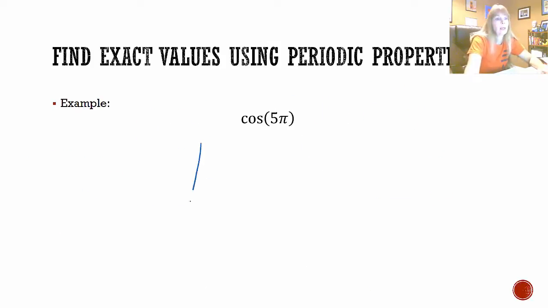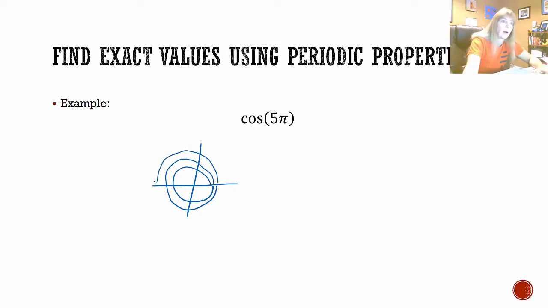Cosine of 5 pi. So if I go all the way around, once is 2 pi. I go all the way around again, would be 4 pi. So I've gone around twice. And so all I need now is to go another pi.